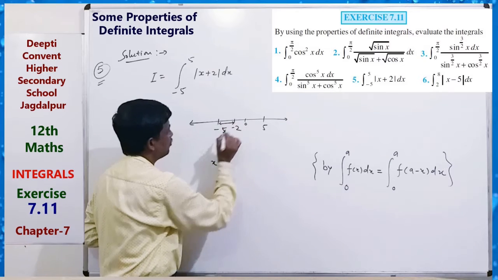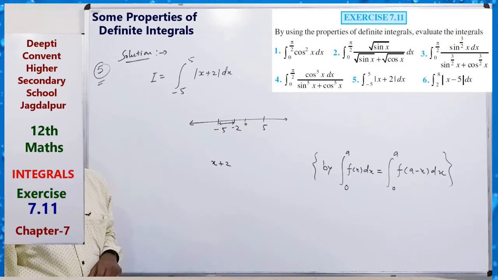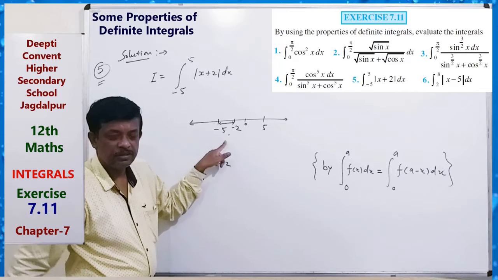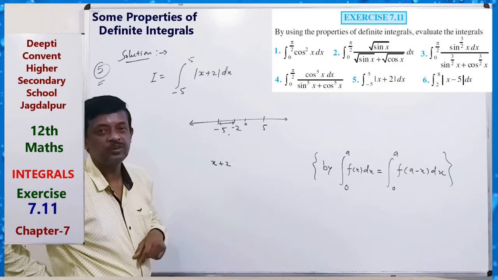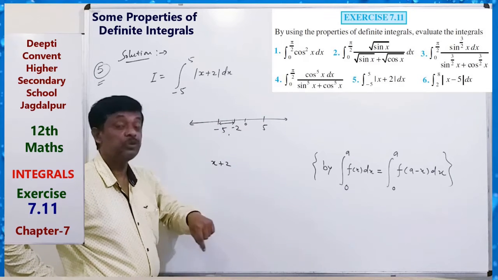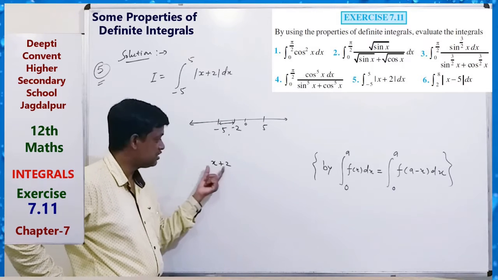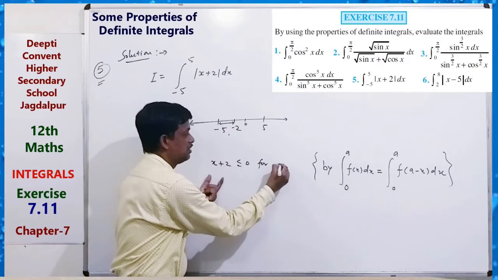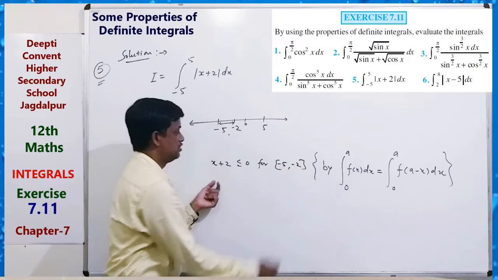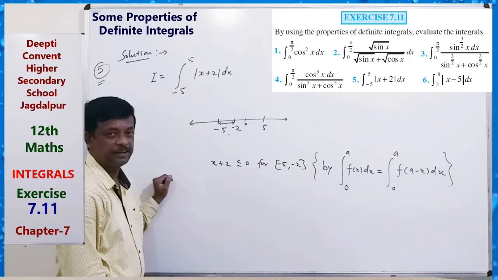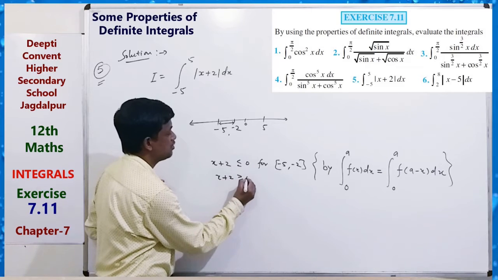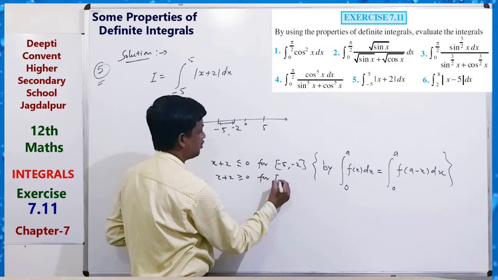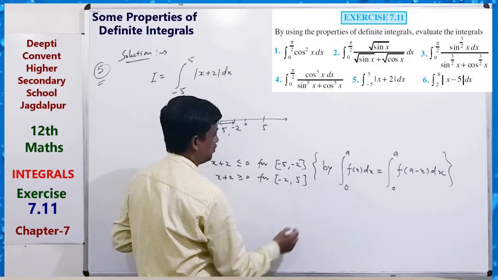Between minus 5 and minus 2, if we take any value, it is numerically greater than 2, with the minus sign, so x plus 2 will be negative for the interval minus 5 to minus 2. Clear? Also, x plus 2 is greater than or equal to 0 if we take values from minus 2 to 5.